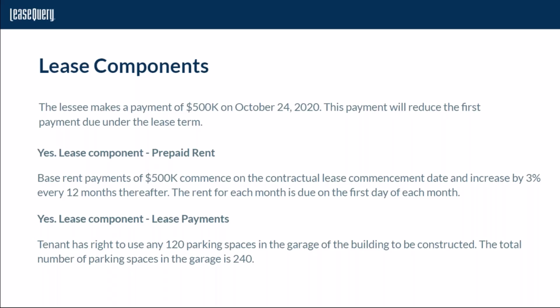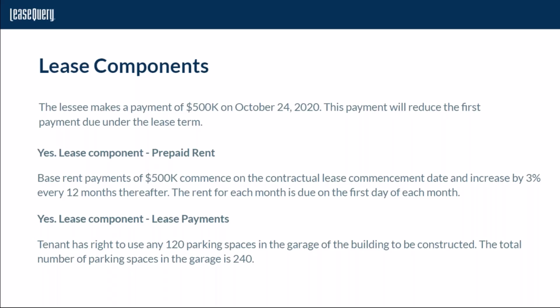Now, when we start thinking about what is considered a lease component and what is not, one of the criteria is identifying either an explicit or implicitly identified asset. When we talk about explicit or implicitly identified, we mean that an asset has to be very specifically identified and physically able to be pointed out.